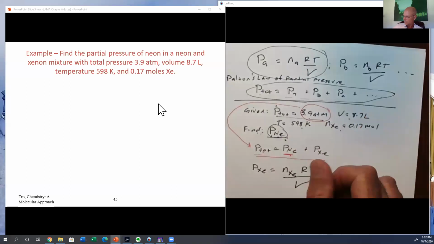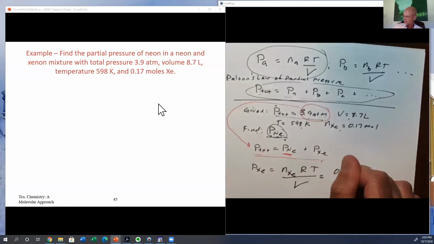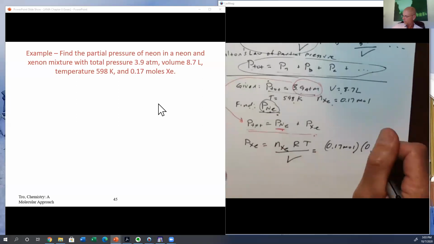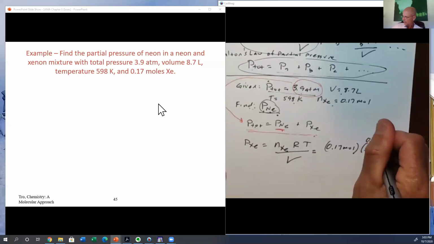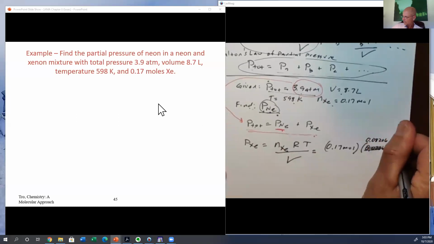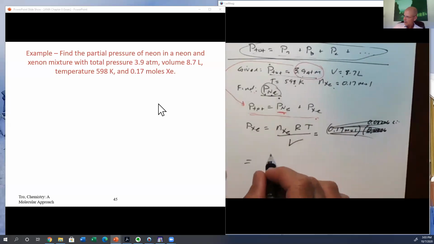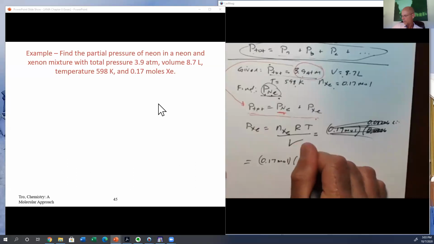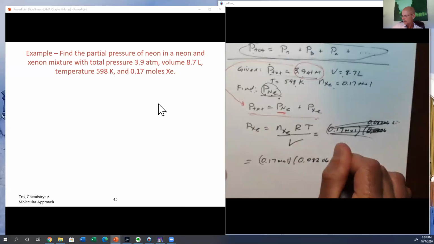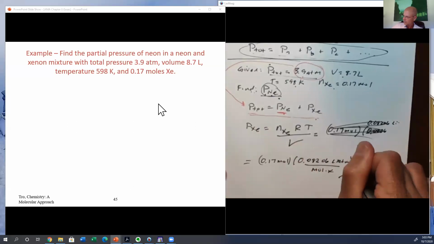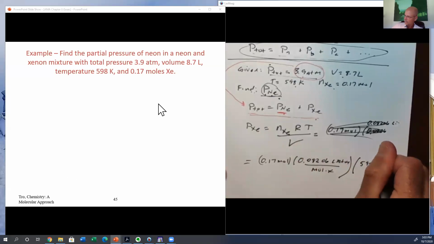I'm given all that, so I can just plug right in. Number of moles of xenon is 0.17 mole. 0.17 moles times R, 0.08206 liter atmosphere per mole Kelvin, times the temperature, 598 Kelvin, that was given.